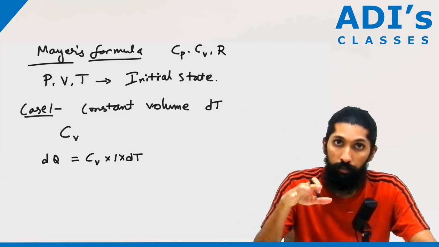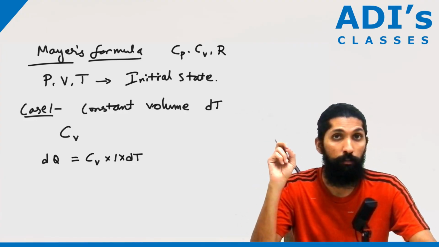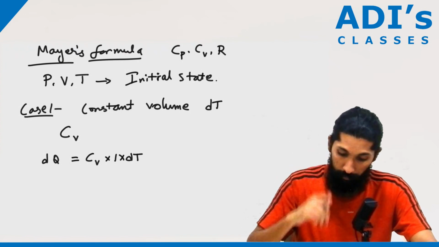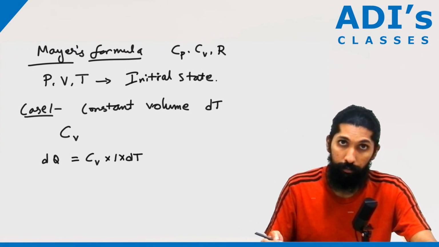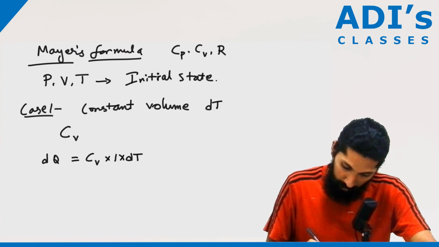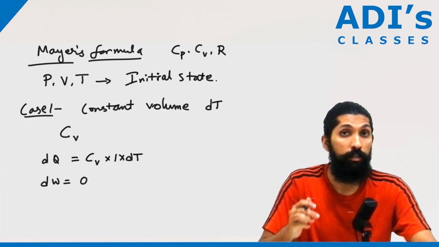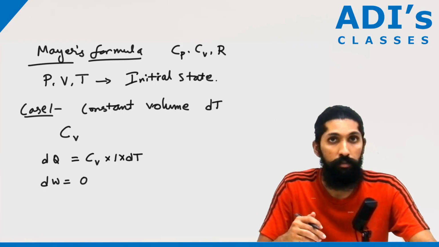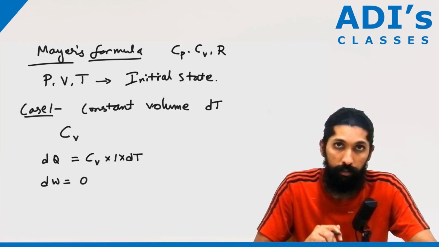Constant volume is actually an isochoric process, which you are going to learn later on. So we have Cv into 1 into dT as the energy, and dW is equal to 0, because there is no change in volume. If there is no change in volume, there is no work done.